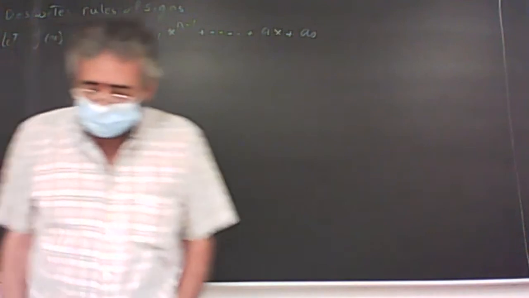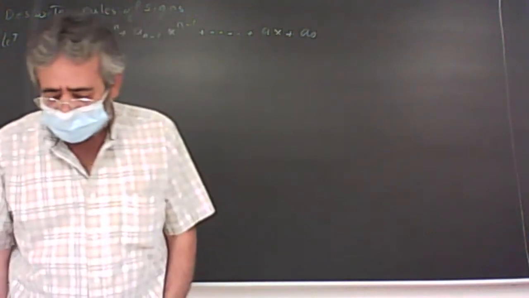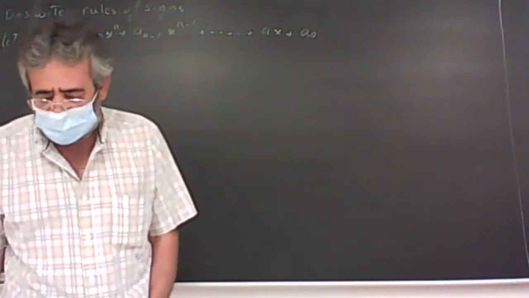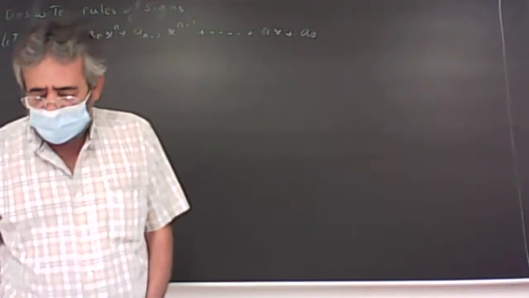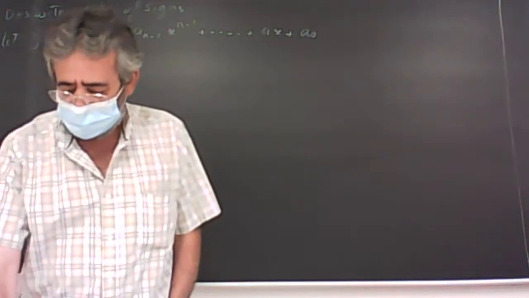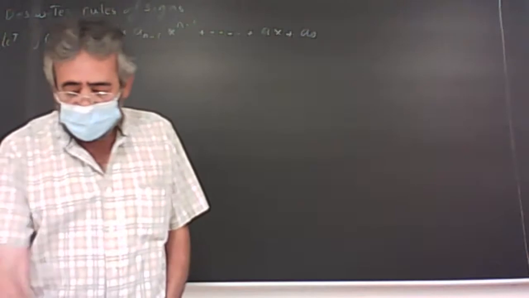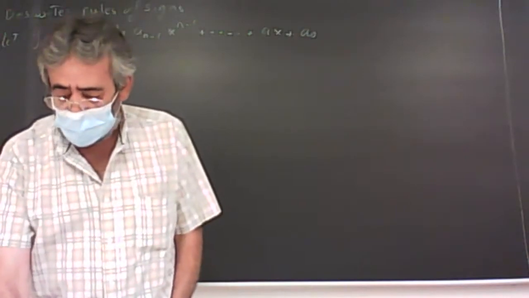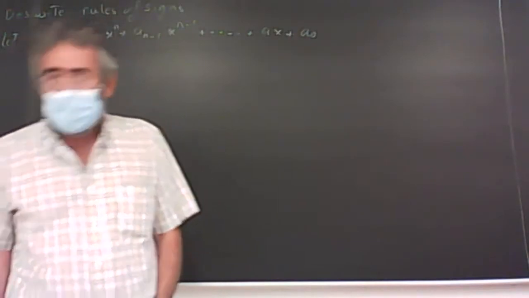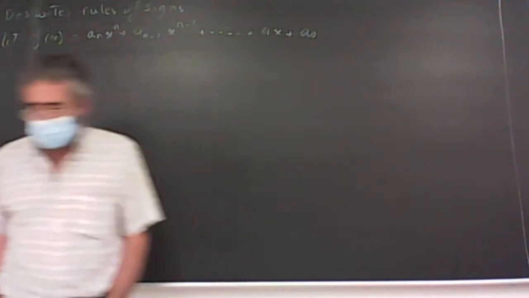It says the number of positive real zeros of f is equal to the number of variations in sign of f of x, or less than that number by an even integer.